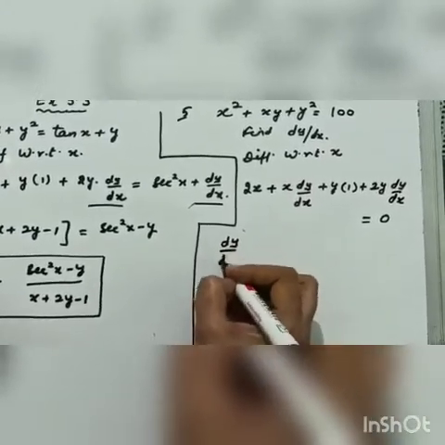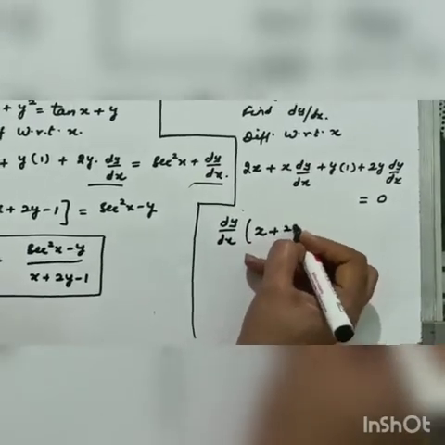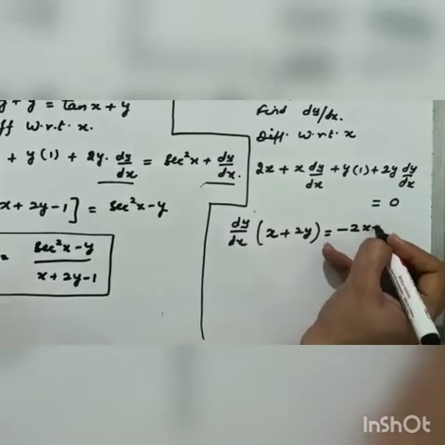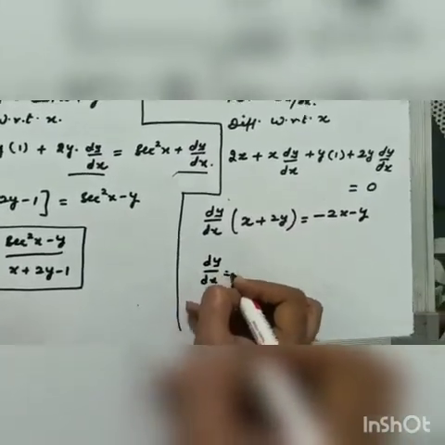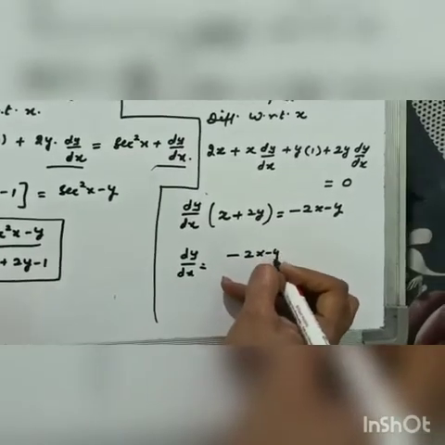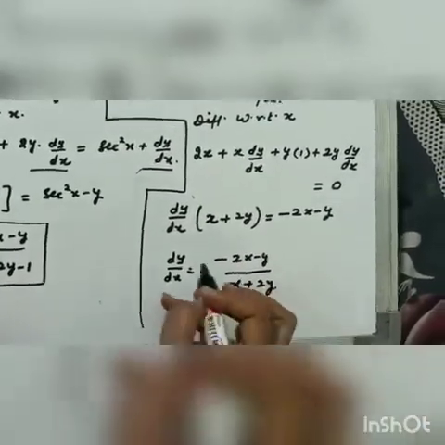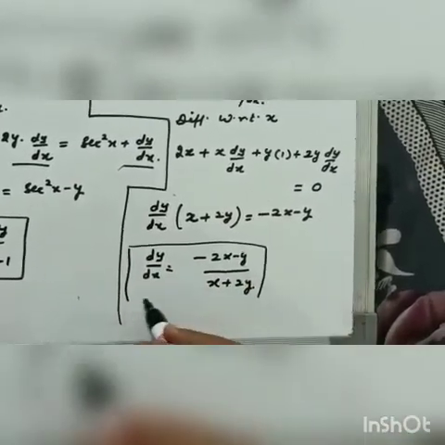So take dy by dx common, x plus 2y, and take remaining terms on the other side, minus 2x minus y. So dy by dx is equal to minus 2x minus y divided by x plus 2y. So this is the derivative of the function with respect to x.